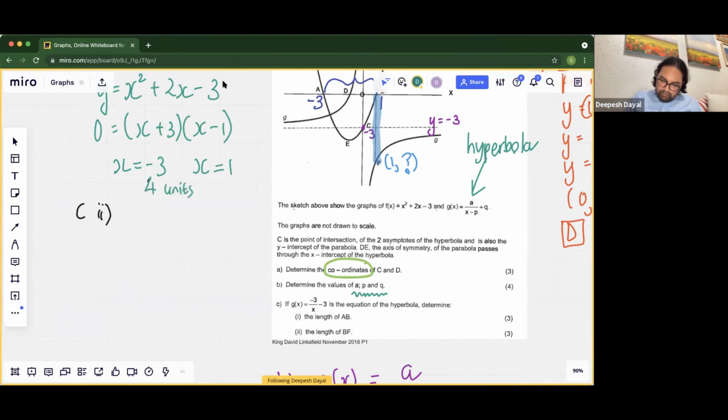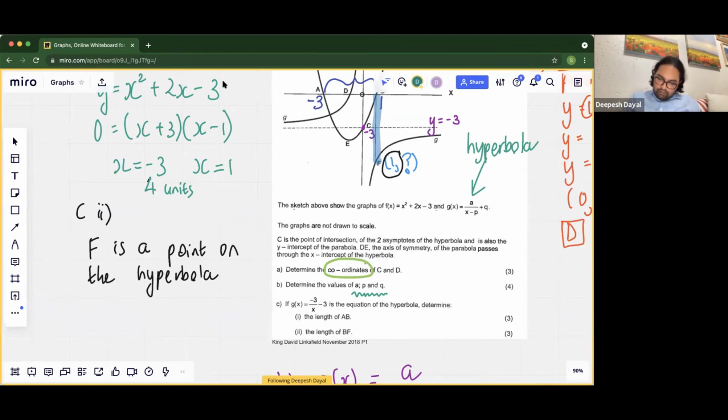So this one here, we're going to say F is a point on the hyperbola. And F is 1 and something. So the x value is 1. So if we plug 1 into the hyperbola equation, we'll be able to get the y.